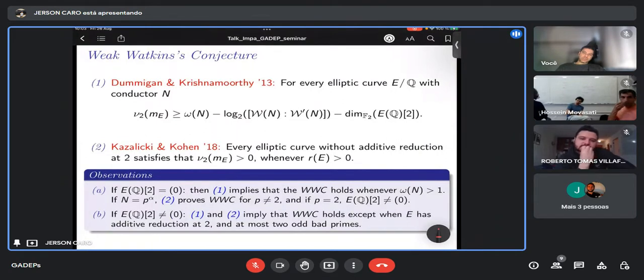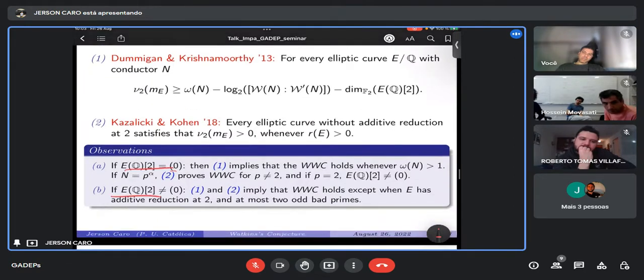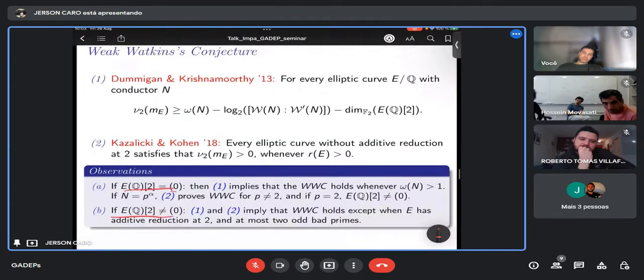Okay, that's in this direction when we have this two torsion, and the other case is when we don't have two torsion. Then, as I said before, the worst scenario is omega(N) minus 3. This is the worst thing that can happen. So in particular, WWC is proven when omega(N) is bigger than 3.